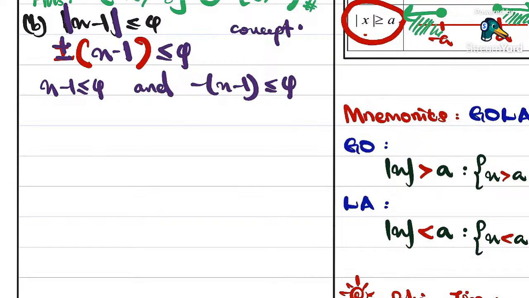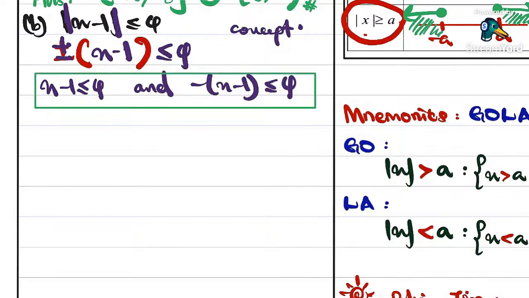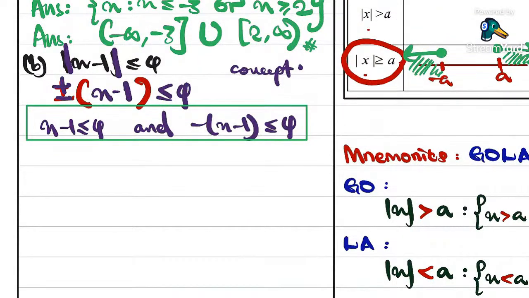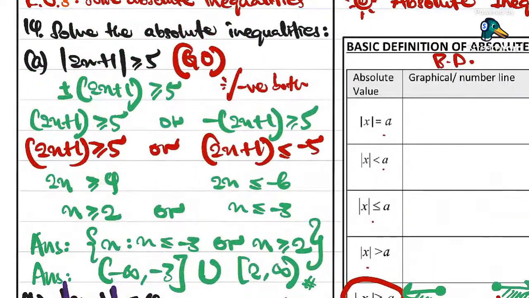Careful, ya. This statement is having two different statements. If you look carefully, one is "and" and another one is "or". What is the difference between these two?